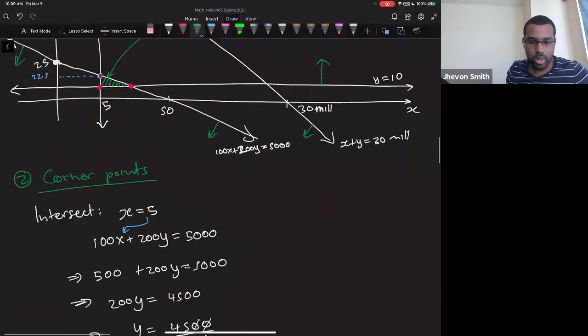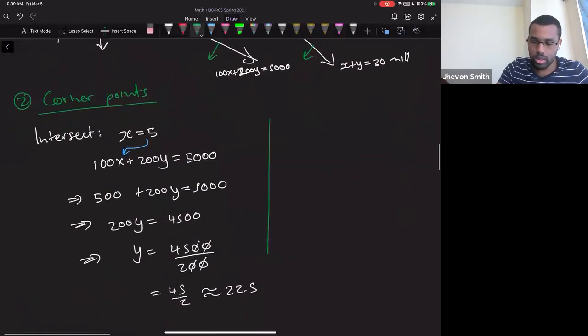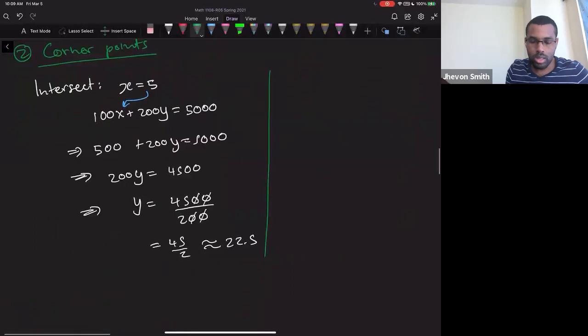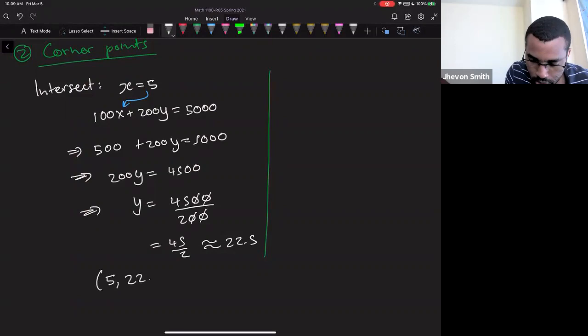So we need 2 more corner points. So one, you can have x is 5 and y is 22.5.